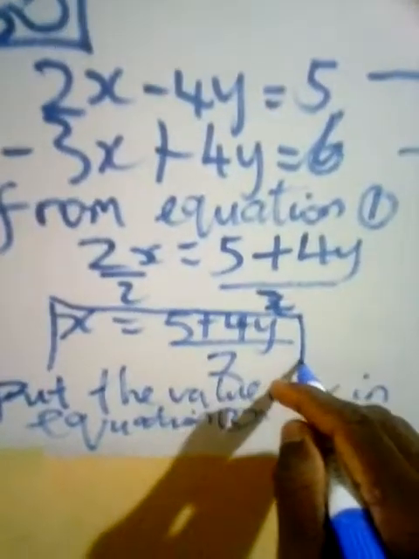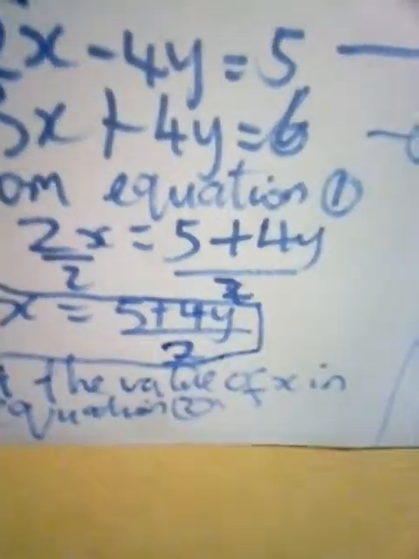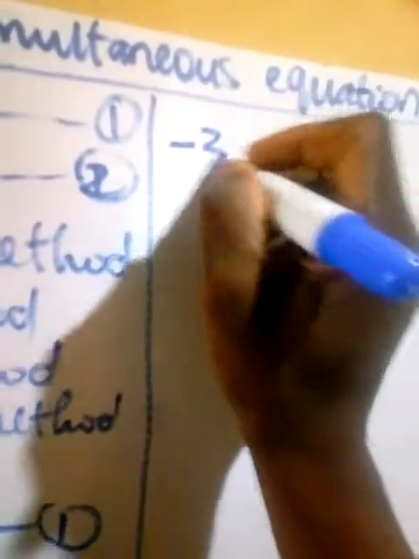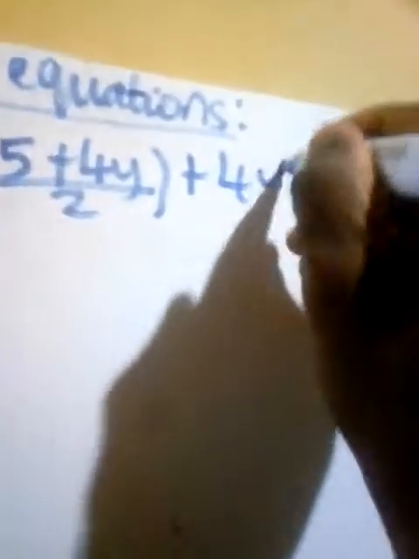Putting this here, it gives me minus 3 times (5 plus 4y) divided by 2, plus 4y, equal to 6.